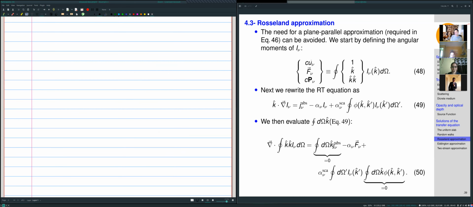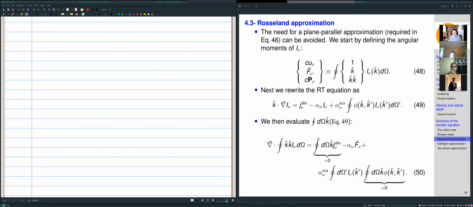First, we remember the moments of the specific intensity field. The zero moment of the specific intensity field is also called the mean specific intensity, and we saw this is connected with the local energy density. That would be moment zero.